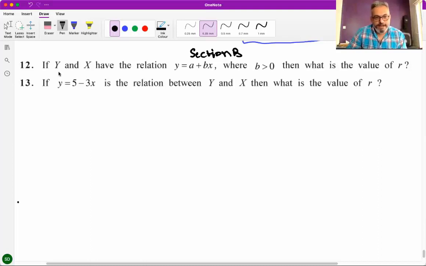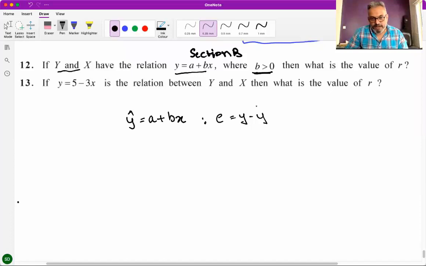If y and x have the relation that y is equal to a plus bx, where b is greater than 0, then what is the value of r? Now, the normal equation is y cap is equal to a plus bx. Then, using this error e, we find out what the error is.